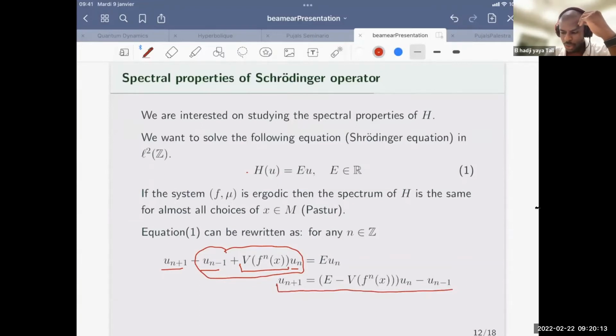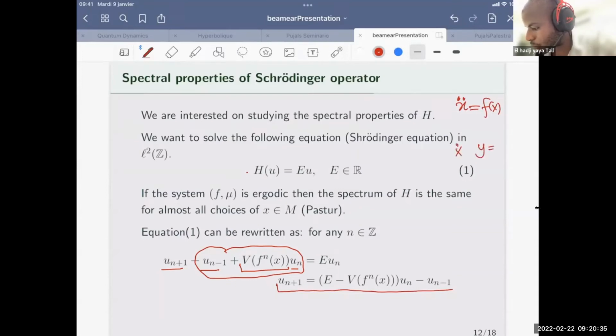So as usual in the theory of ordinary differential equations, when you have a second order ordinary differential equation, you can always translate it to a first order by increasing the dimension. For instance, if you have this system x double dot equal F of x, you can call y to be equal to x dot.